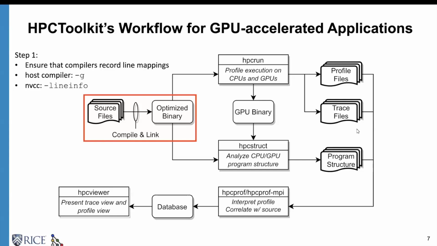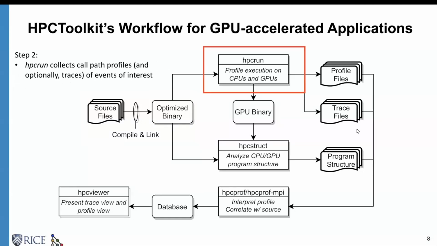With NVIDIA's tools, there's a -lineinfo option that has to be passed when you're compiling for the GPUs. Generally we say that you don't have to touch your makefiles, but if you're not already having the compilers collect line map information, then you might have to tweak that in order to get the most out of our tools.